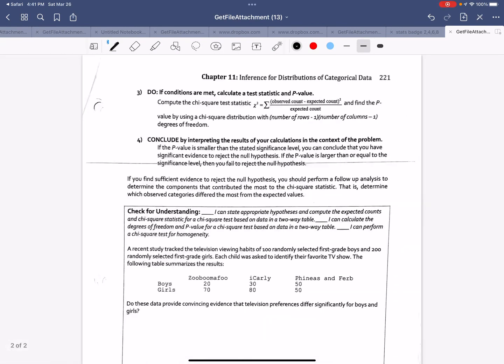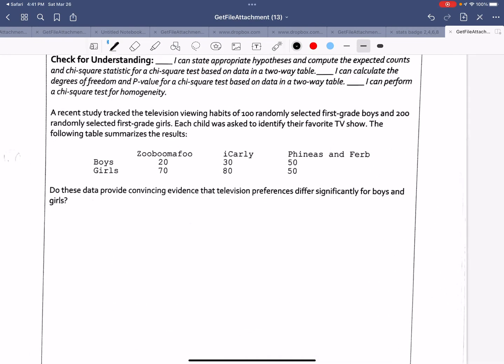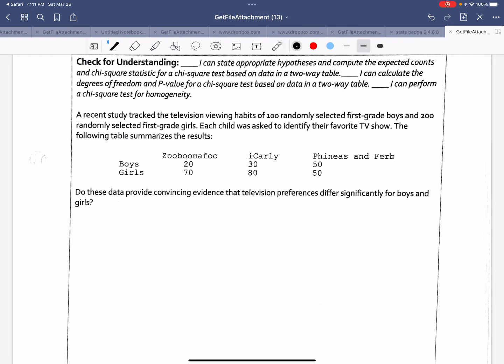It looks like in this example, we said a recent study tracked television viewing habits of 100 boys and 100 girls. Each child was asked their favorite show.